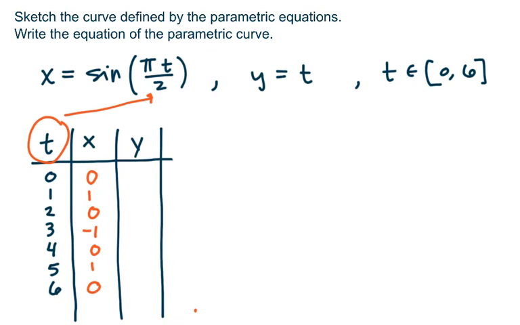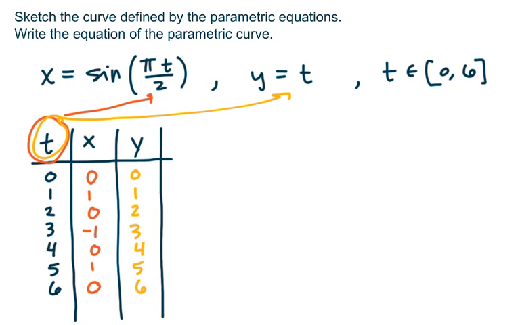All right, so we've got 0, 1, 0, -1, 0, 1. And my y values are the same as t. So I end up with 0, 1, 2, 3, 4, 5, and 6.